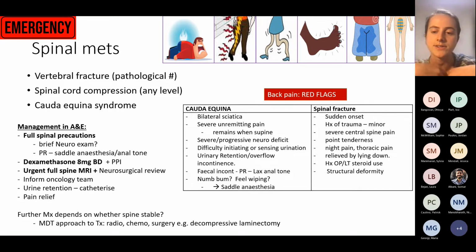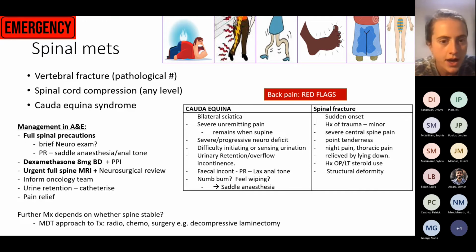Does anyone have any idea about the dosage? Full spine MRI, great. Yeah, 16 milligrams of dex, or you can say 8 milligrams BD. And you can throw in some PPI as well if you want to give them some gastric protection.